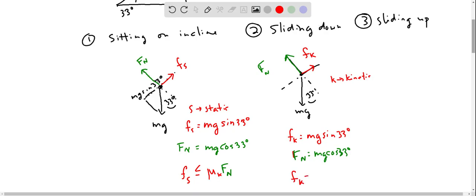Fk is equal to mu k times Fn. And I see I put a wrong symbol in my previous drawing. That should have been mu sub s for coefficient of static friction, whereas mu sub k is coefficient of kinetic friction. Yeah, and typically they are different. So static friction, the coefficient is usually a little bit larger than the kinetic friction.